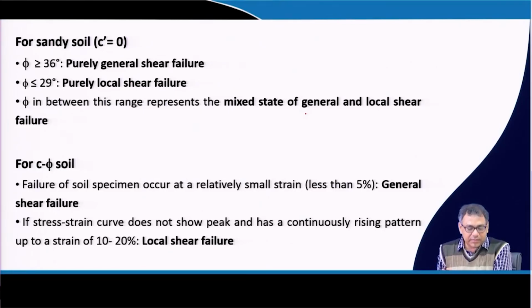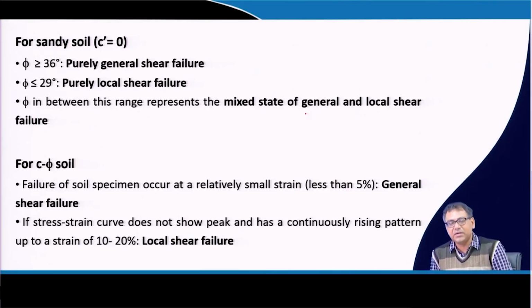Now, when can we say the soil is local shear failure or general shear failure? If the φ value is greater than or equal to 36, then it is general shear failure. If the φ value is less than or equal to 29 degrees, then it is local shear failure. If it is in between, then it is a mixed state of general and local shear failure.